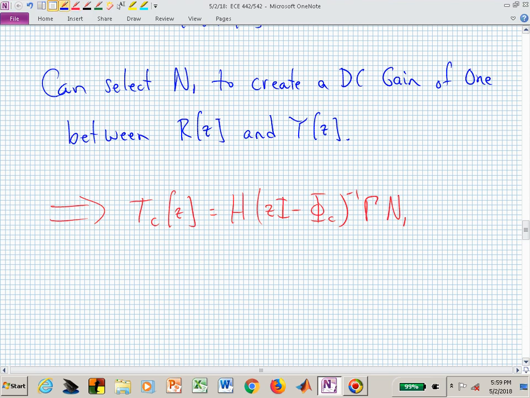And if we want the DC gain to be 1, what does that mean for this expression? Or how could we now find N sub 1 if we want the DC gain of this to equal 1?